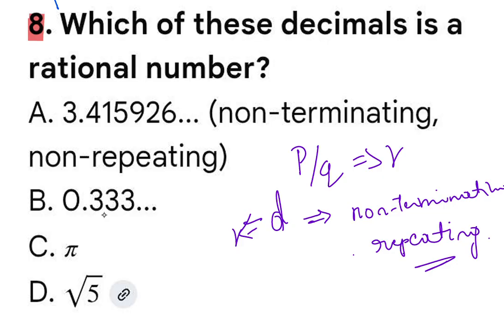Similarly, when you see 0.333, it is a repeating decimal as well as non-terminating. So with this one we can consider it a rational number. But pi is there.